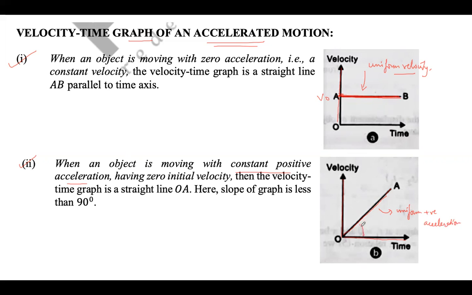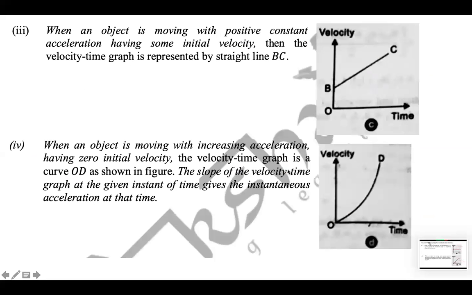So you will find that in this case, the slope gives the acceleration, and this angle theta should be acute, so that this is a positive acceleration. If it is obtuse, then it will be a negative acceleration, as we'll see in the next slide. Now, this is a graph for an object moving with positive constant acceleration.